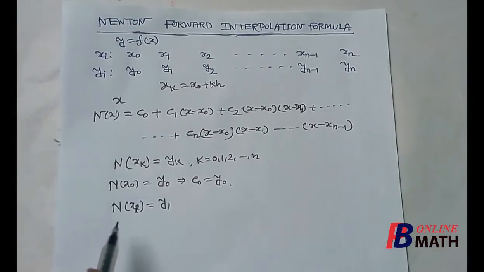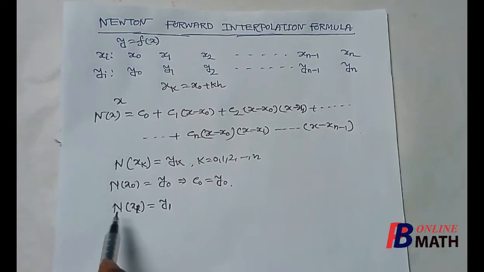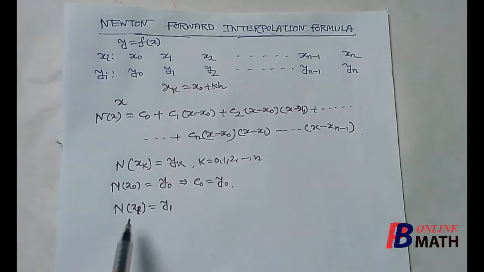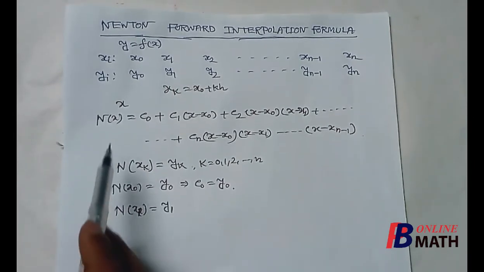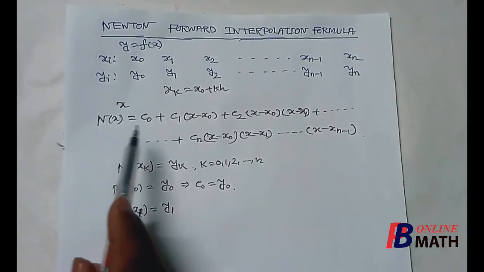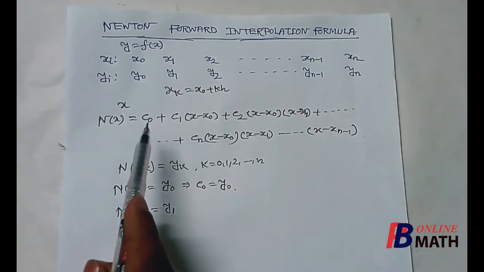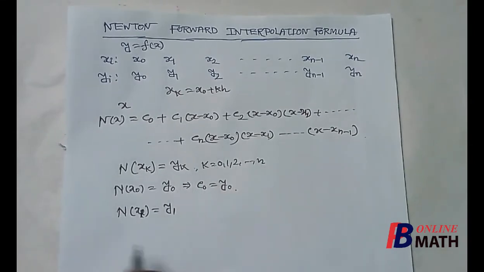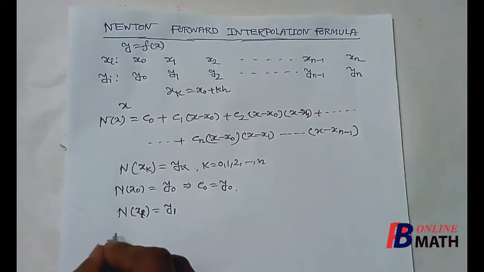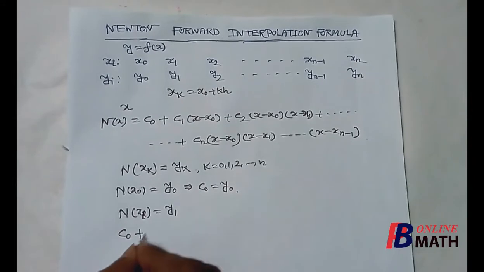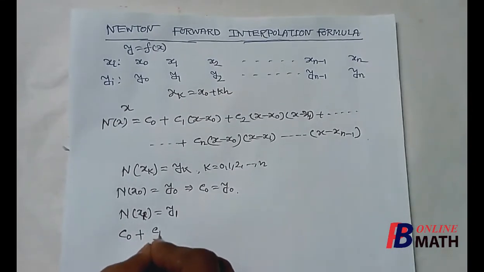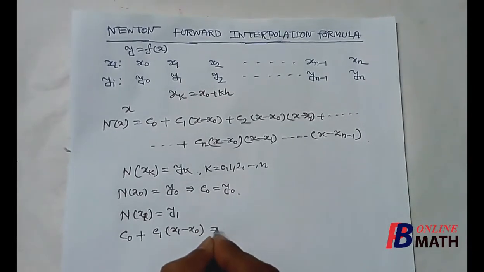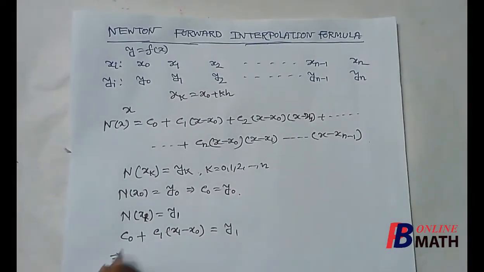Next we use the second condition. That means the value of the polynomial at the point x1 is equal to y1. So we find the value of N(x1). If we put x equal to x1 in this polynomial, we find that except for the first two terms, all the remaining terms vanish. So the value of N(x1) is equal to c0 plus c1 into (x1 minus x0), which is equal to y1. Now what is the value of c0?